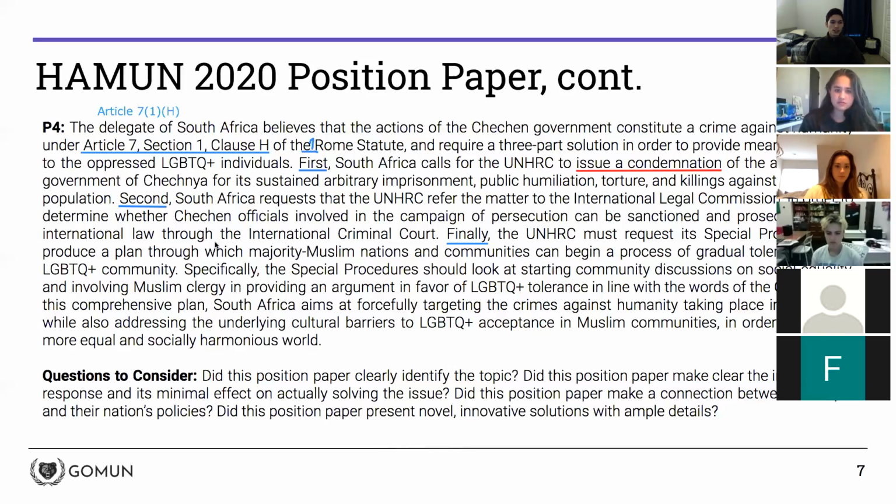So can someone tell me what the second solution is? South Africa wants the UN Human Rights Committee to determine whether or not they can be prosecuted in international law because of the actions Chechnya has taken.